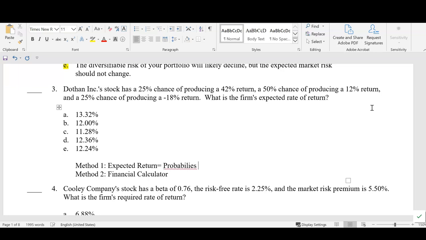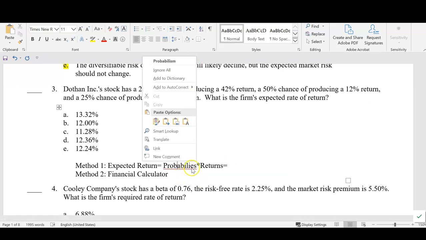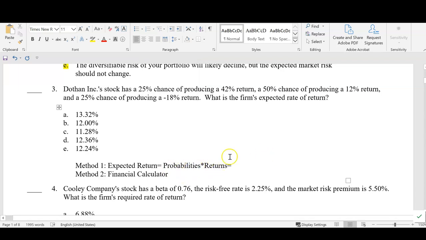So that's going to be the 25% chance multiplied by 22%, plus the 50% chance multiplied by the 12% return, plus the 25% chance multiplied by the negative 18% return.